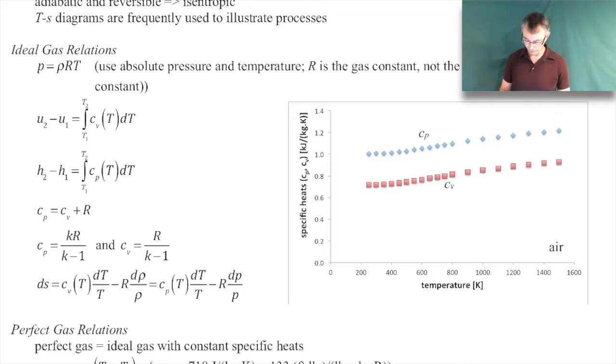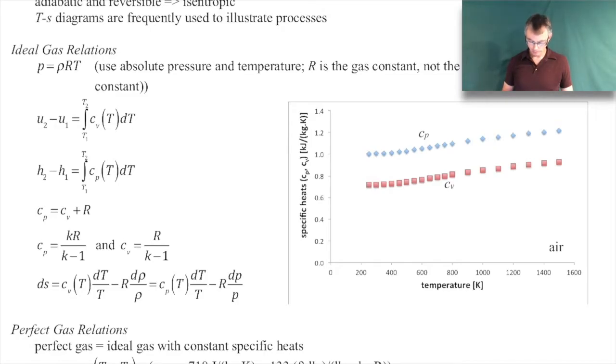Let's say we were dealing with a temperature change between 200 Kelvin and 400 Kelvin. If you look at Cp here, it does vary between those temperatures, but not by a whole lot. So over a few hundred Kelvin temperature change, it's not unreasonable to assume that Cp and Cv are constants. It's an approximation for sure, but it's a reasonable one.